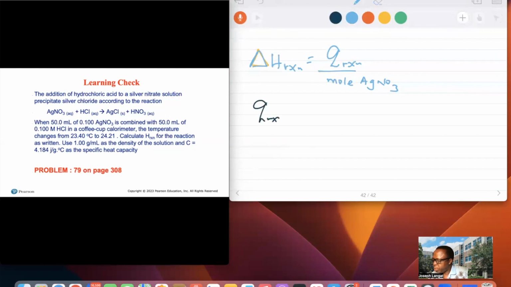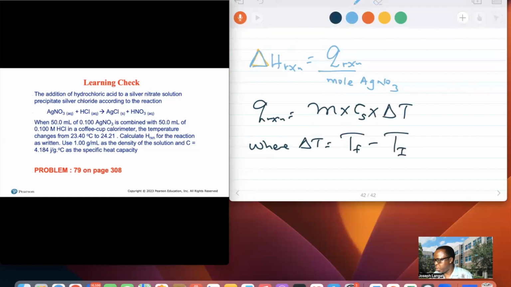Q for the reaction is mass times specific heat times change in temperature, where change in temperature is T final minus T initial.